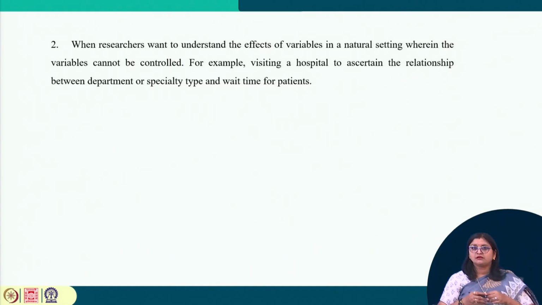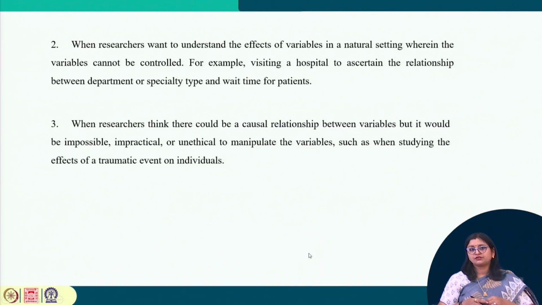For example, visiting a hospital to ascertain the relationship between the department or specialty type and wait time for the patient.